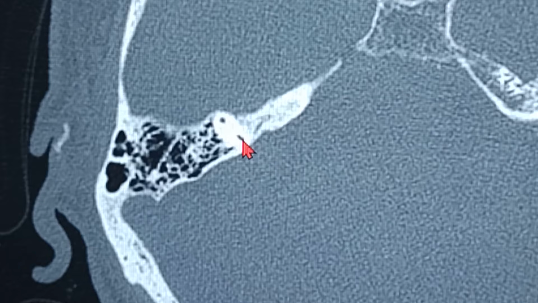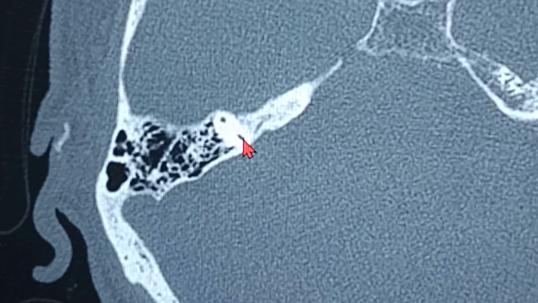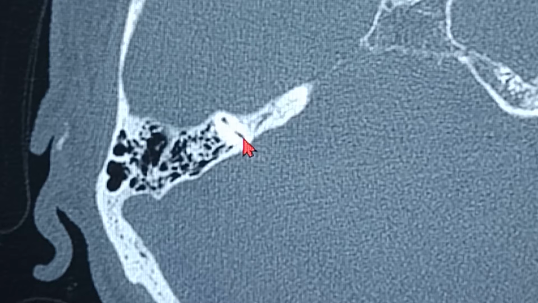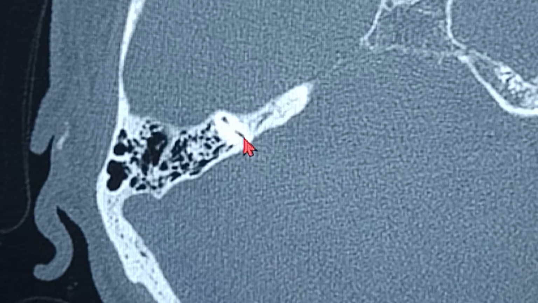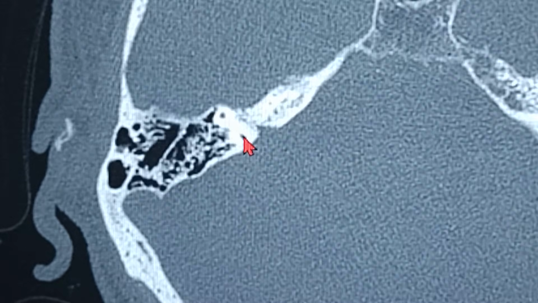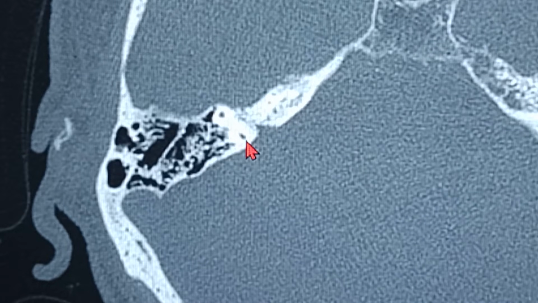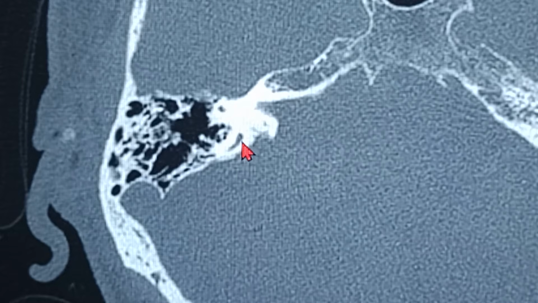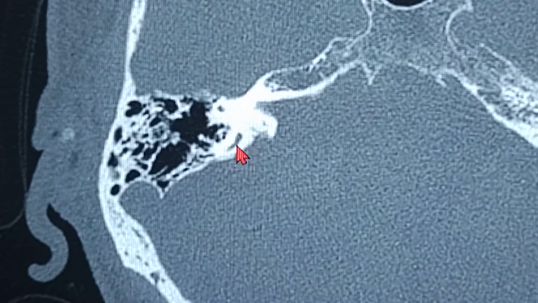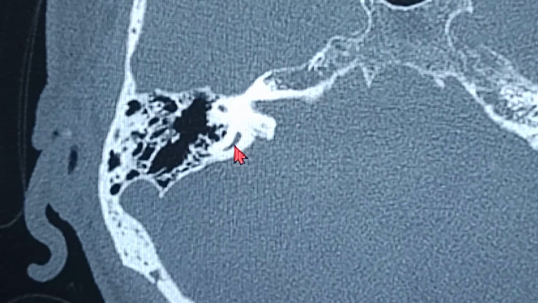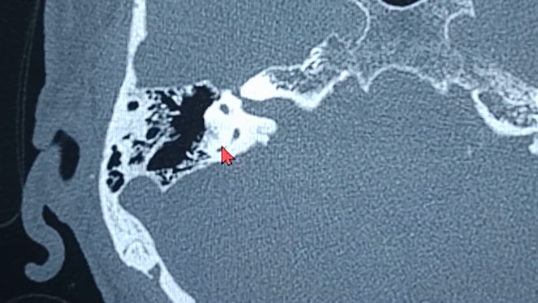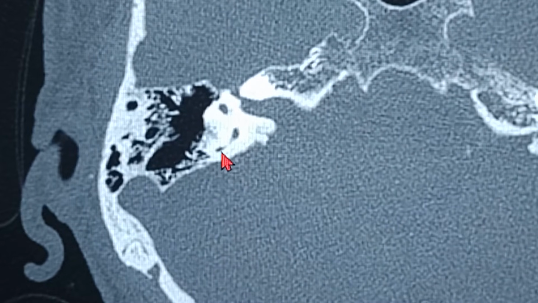The non-ampullated end of the superior semicircular canal comes in connection with the non-ampullated end of the posterior semicircular canal. So if I'm going down, you're going to see this one coming in contact with the posterior semicircular canal right there. You can see the posterior semicircular canal coming into the picture right now, and if I keep following that, you can see the posterior semicircular canal below now.